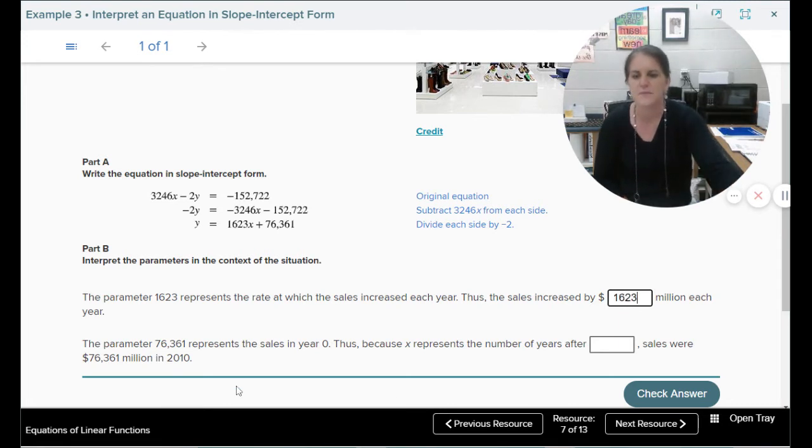This parameter represents the sales in year 0, which is in our case 2010. Thus, because x represents the number of years after 2010, sales were 76,361 million in 2010.